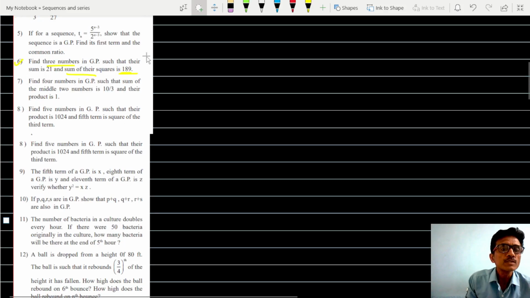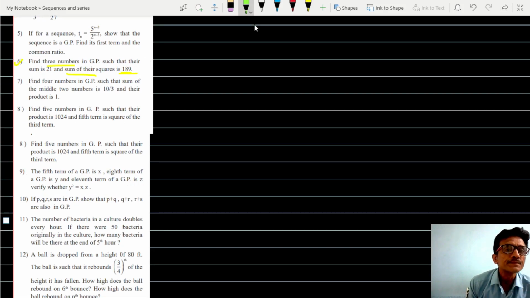Find 4 numbers in GP such that sum of their middle 2 terms is 10/3 and the product is 1. So how to get 4 numbers in GP?